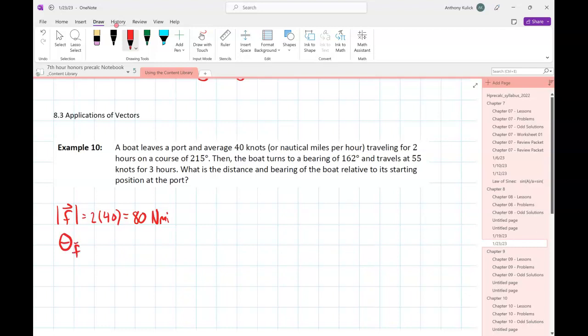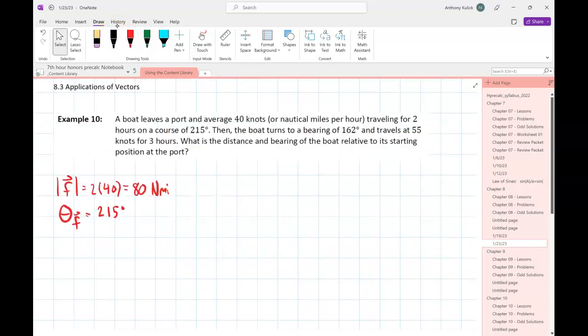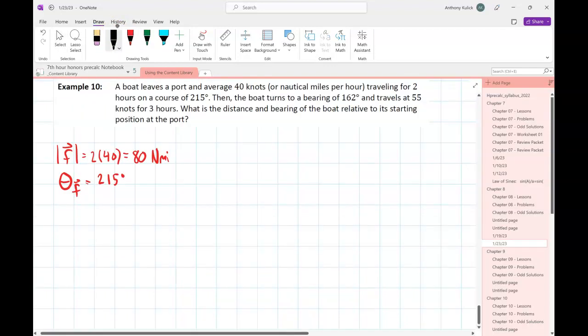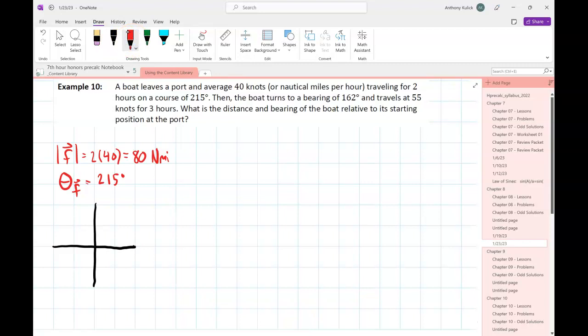And then we're told the direction of f is the course 215 degrees. But remember, a course is the same thing as a bearing, not a standard position angle. So I'm going to convert that from a bearing into a standard position angle.